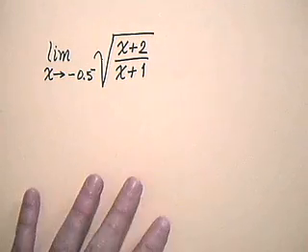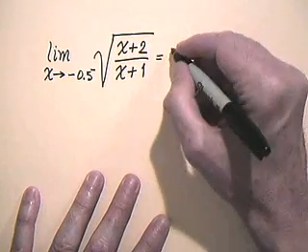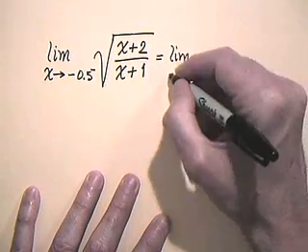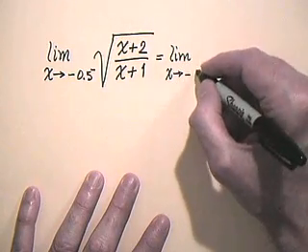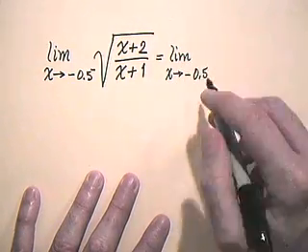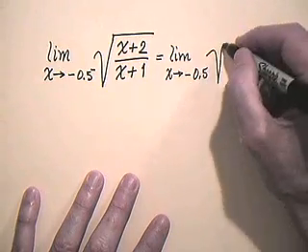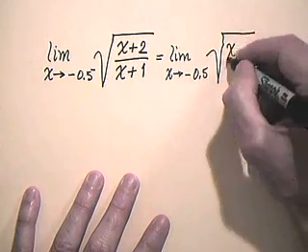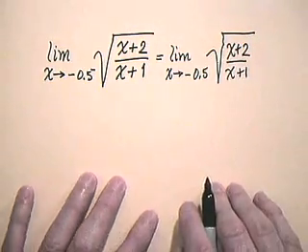Well, that two-sided limit must be the left-hand limit, and so we can simply drop that little superscript negative sign. So really we're dealing with the limit as x approaches negative 0.5 of the square root of x plus 2 over x plus 1.